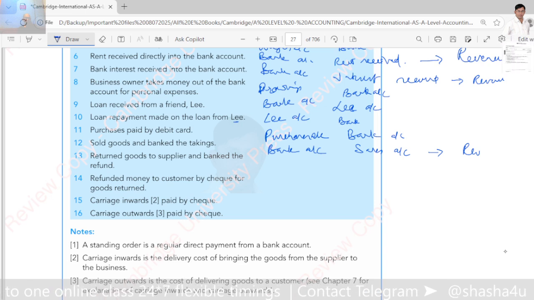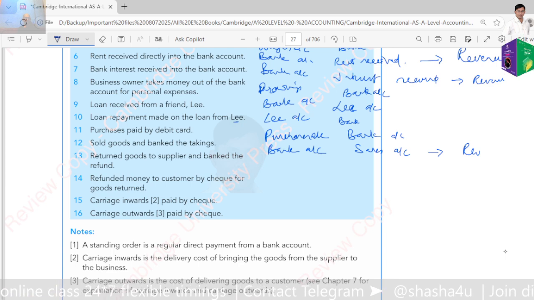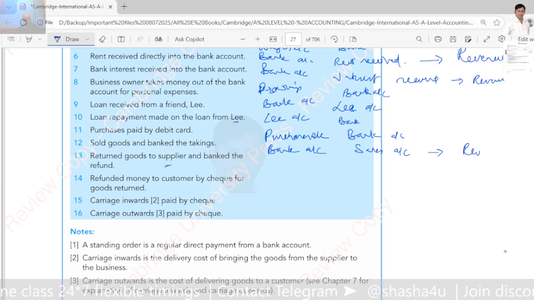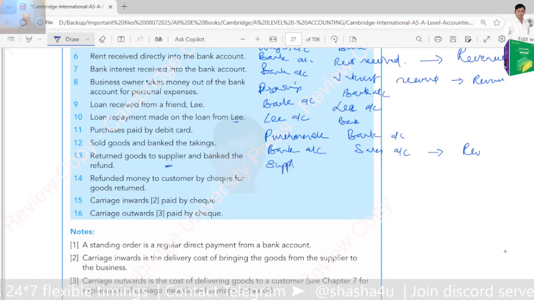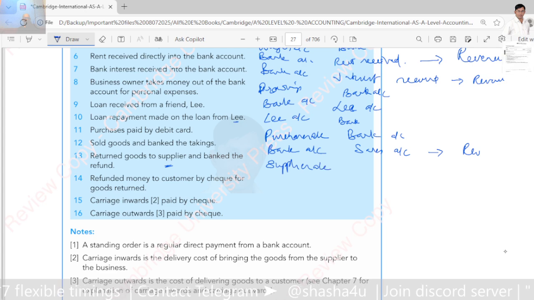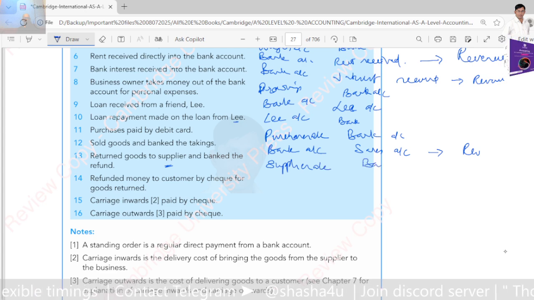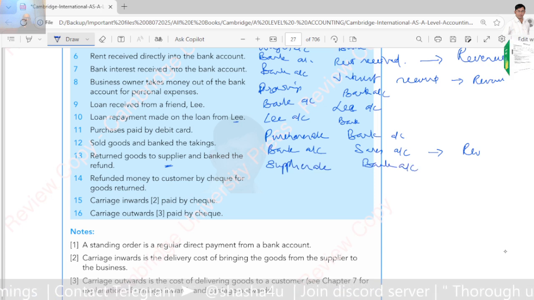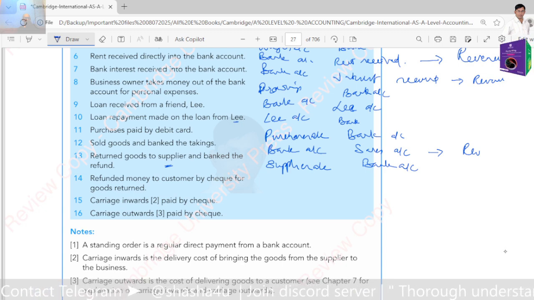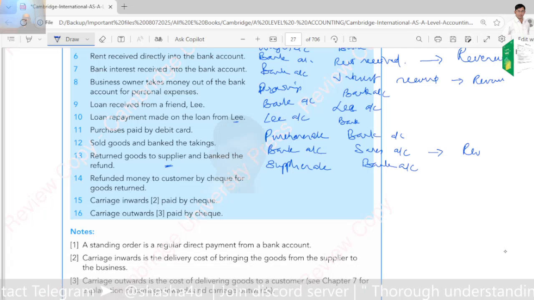Return goods to supplier and bank the refund. So you are returning the goods to supplier. So supplier is receiving, so you will debit supplier, and money will go out from bank because money is given away through bank account. Oh, sorry. See, return goods to supplier and bank the refund.